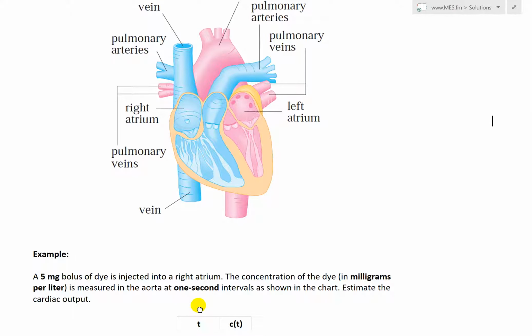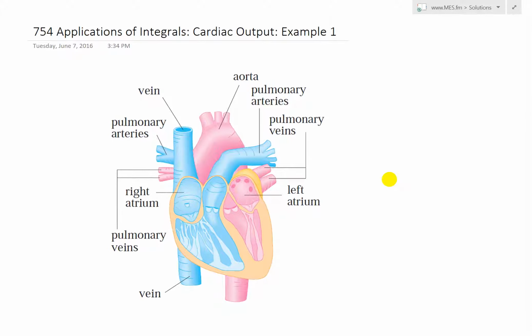Basically, just a refresher, this is an image from my last video. The way the cardiovascular system works, you have oxygen-depleted blood from the body that goes through the veins up to the right atrium, which gets shipped through the pulmonary arteries up to the lungs.